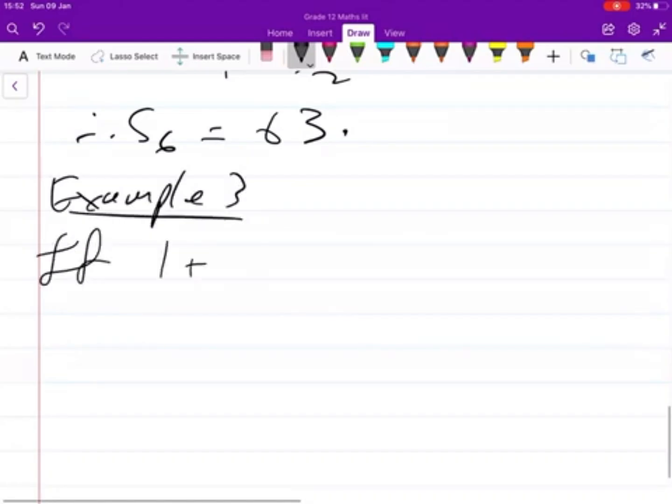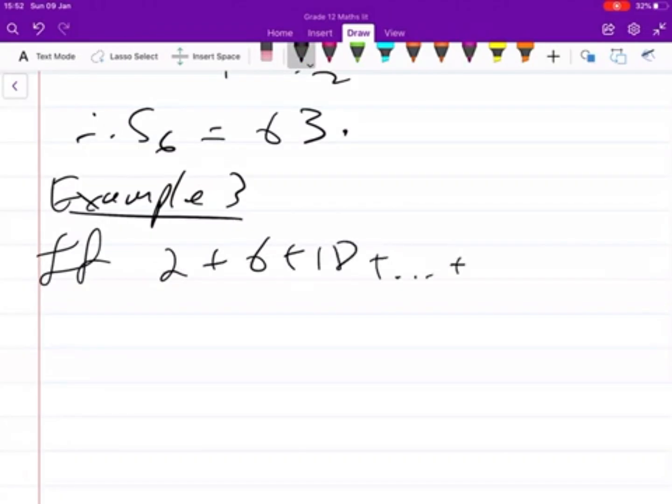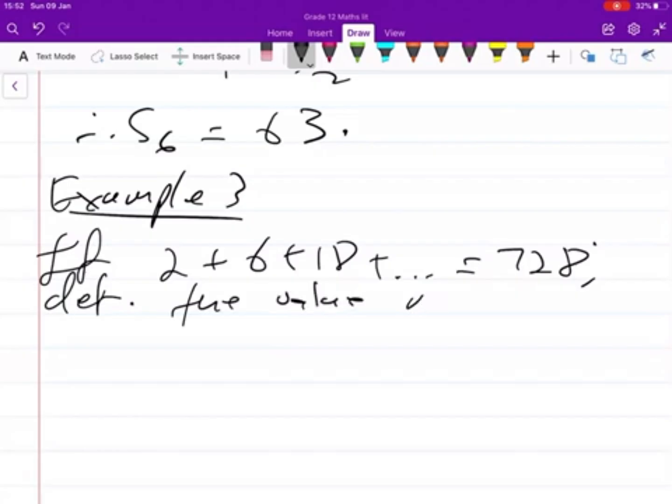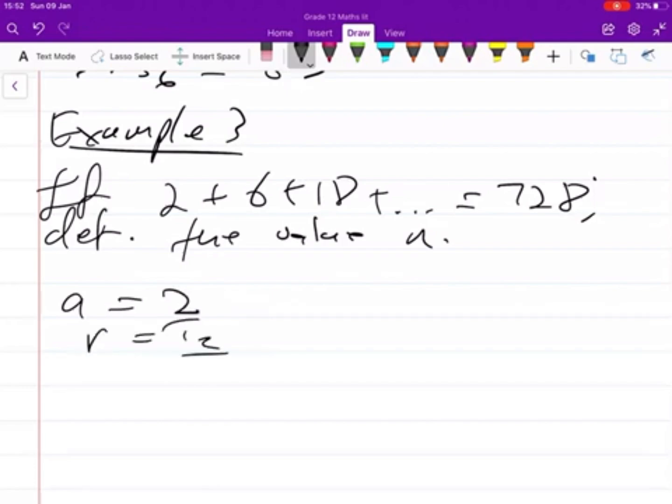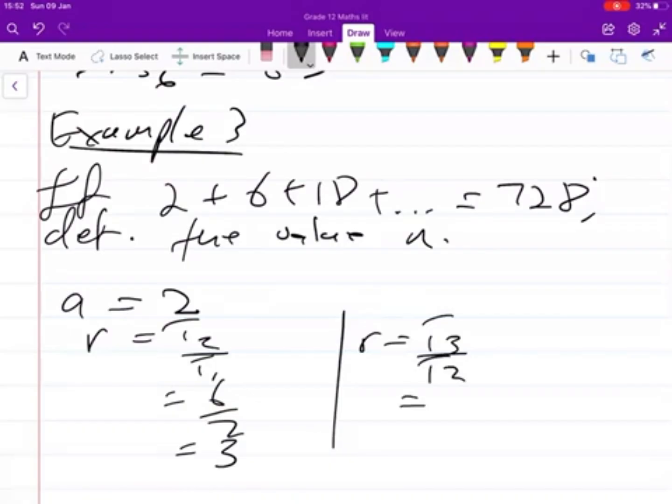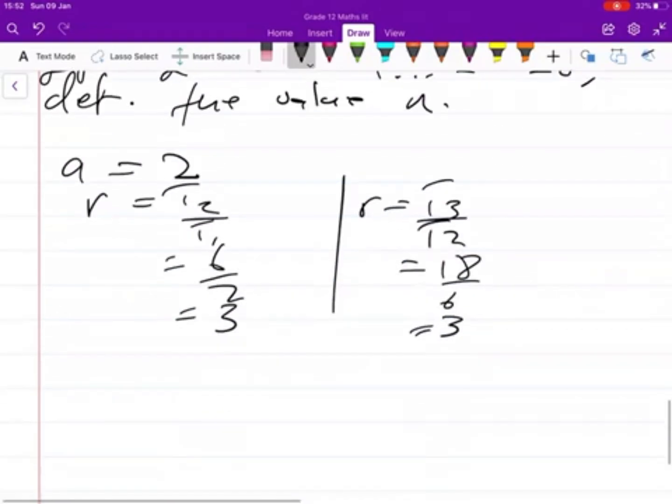All right, let's look at example 3. Let's say 2 plus 6 plus 18 plus dot dot dot is equal to 728. We want to determine the value of n. All right, first let us state that we're given a is 2, and of course you can say that r is T2 divided by T1, and then this is 6 divided by 2, which is 3, and this is T3 divided by T2, that is 18 divided by 6, which is 3.